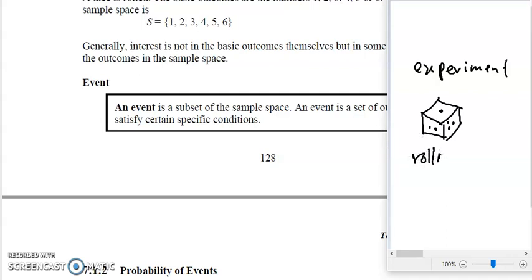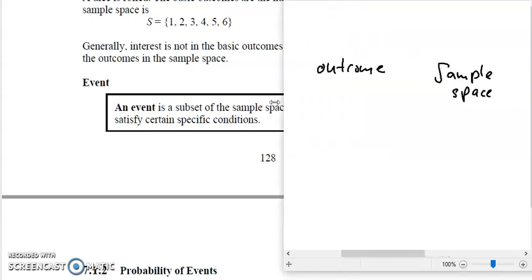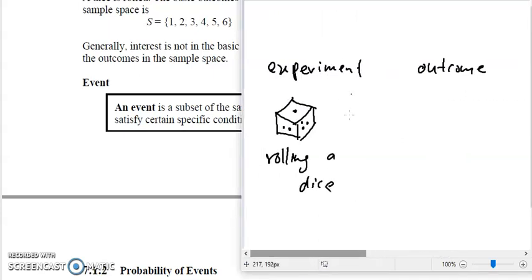After you roll a dice, you are going to have some outcome. The outcome is either 1, 2, 3, 4, 5, or 6.